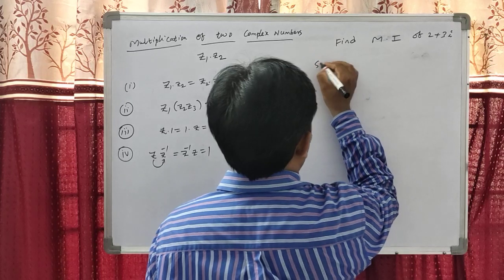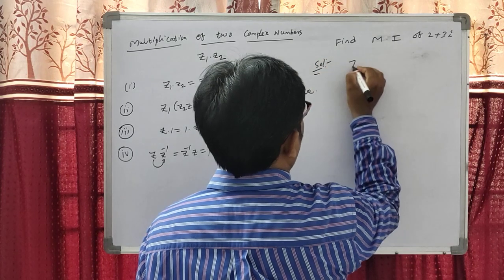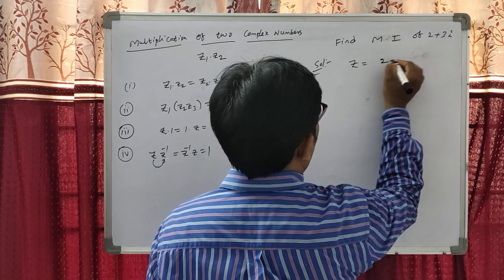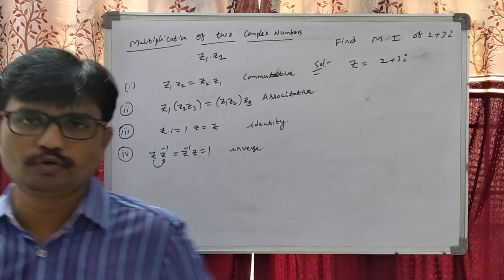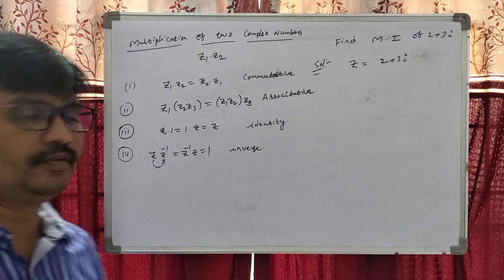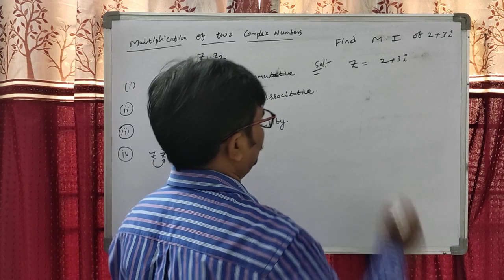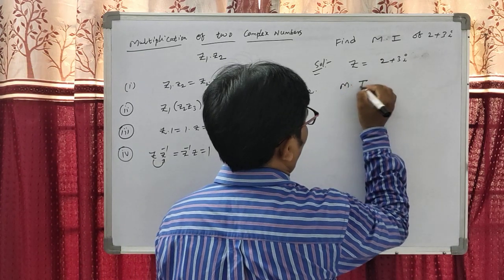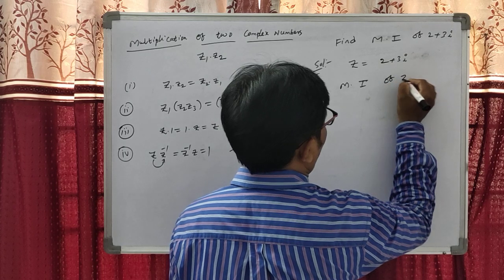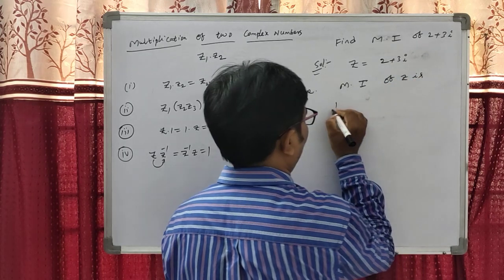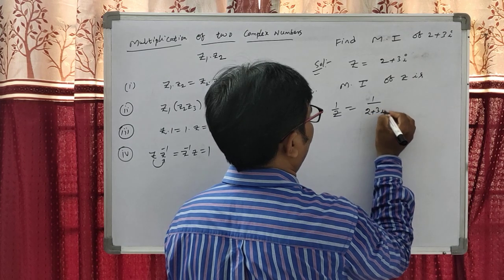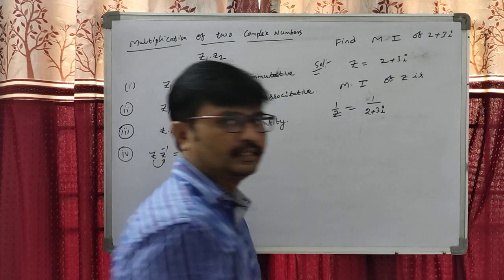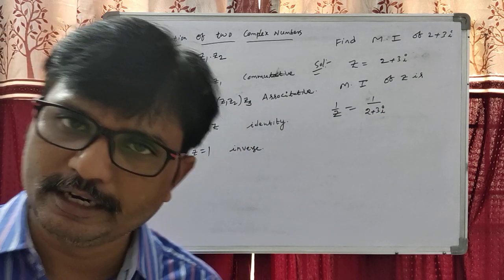So dear students, first we take z equal to 2 plus 3i. Its multiplicative inverse is denoted by 1 by z. This is 1 by 2 plus 3i. 1 by z equals 1 by 2 plus 3i.